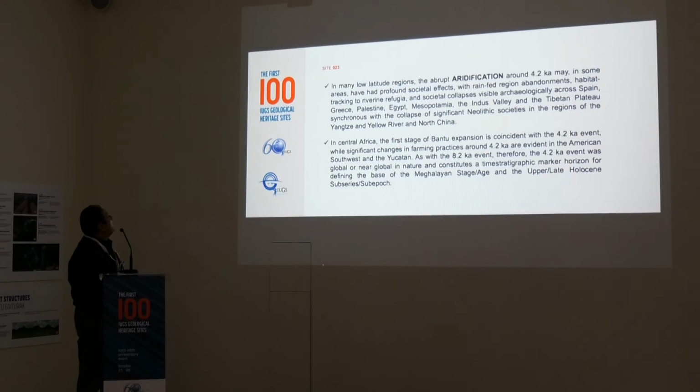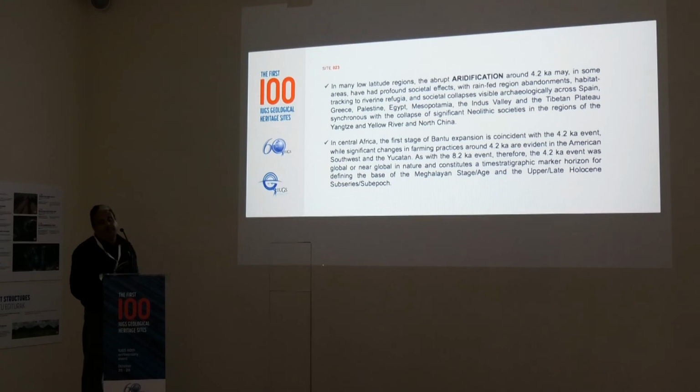Now, in many low latitude regions, the abrupt aridification around 4.2 may in some areas have had a profound societal effect. Here geology is directly impacting and relating to the archaeological evidence that we are getting in Neolithic society. All across the globe, we are getting evidence that even agricultural practices changed because of the long drought of about 200 years.